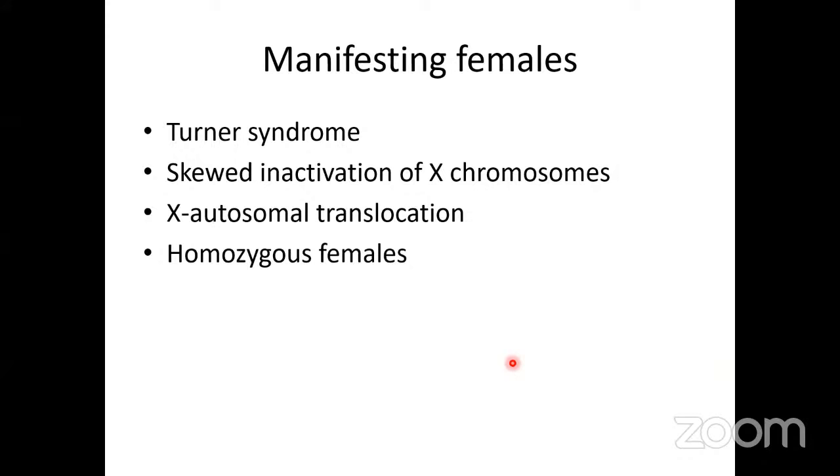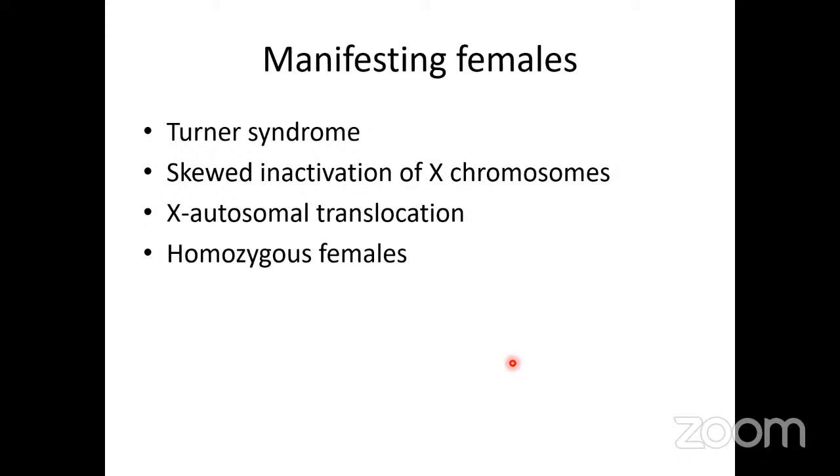There is something called X-autosomal translocation. So there is a translocation involving the X chromosome and another autosomal chromosome, for example, X and chromosome 14 or X and chromosome 15. In that scenario, if there is any very important gene at the point of the translocation, it becomes dysfunctional.